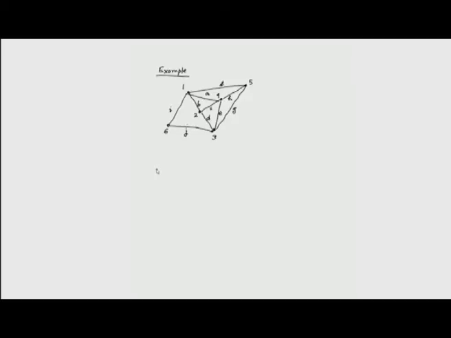Let us consider this graph where the vertices are labeled by 1, 2, 3, 4, 5, 6 and the edges are labeled as A, B, C, D, E, F, G. Now, let us consider another graph.